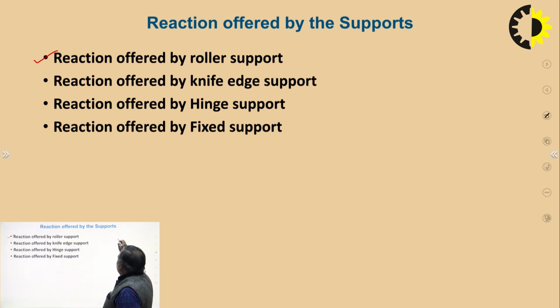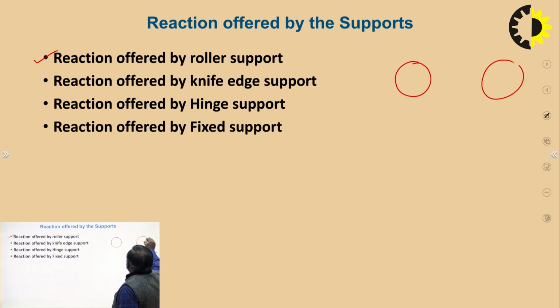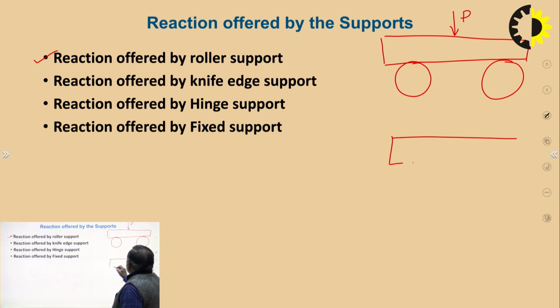In roller support, if this is a beam, you have applied this force P, it will restrict the downward motion. Downward motion will be restricted by applying some upward force.